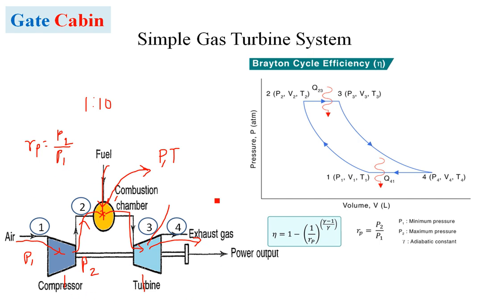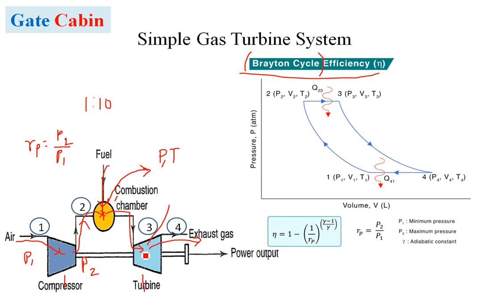Now the working of this simple gas turbine engine is presented here. This cycle is known as the Brayton cycle. The processes we have discussed are the inlet of air, then adiabatic compression, then constant pressure combustion, and then adiabatic expansion.